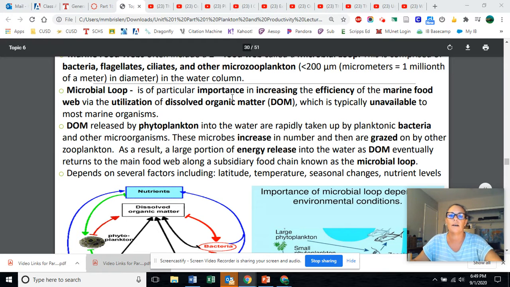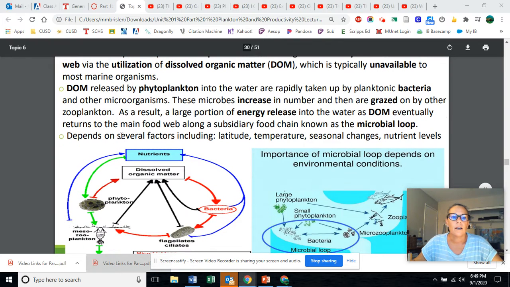So the microbial loop is of particular importance in increasing the efficiency of the marine food web via utilization of dissolved organic matter. So we talked about that, DOM, dissolved organic material or dissolved organic matter, which is typically unavailable to most marine organisms. Again, remember that matter also includes carbon as well as nitrogen and other chemicals, iron as an example.